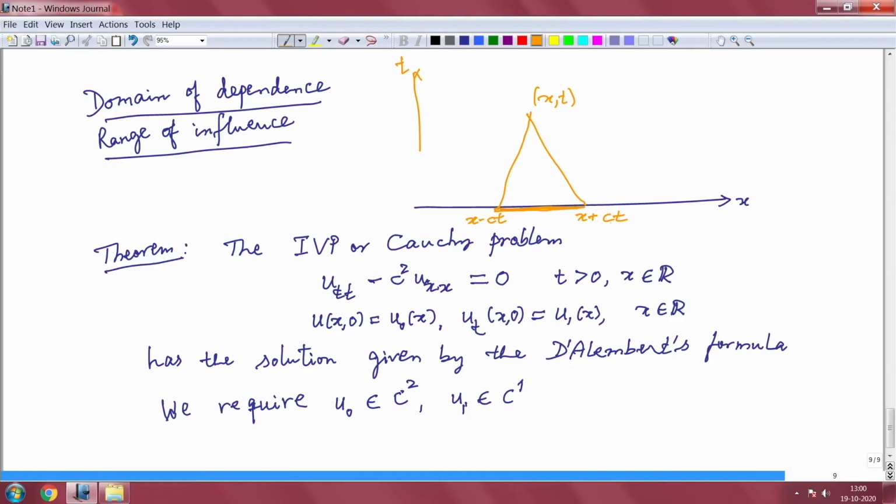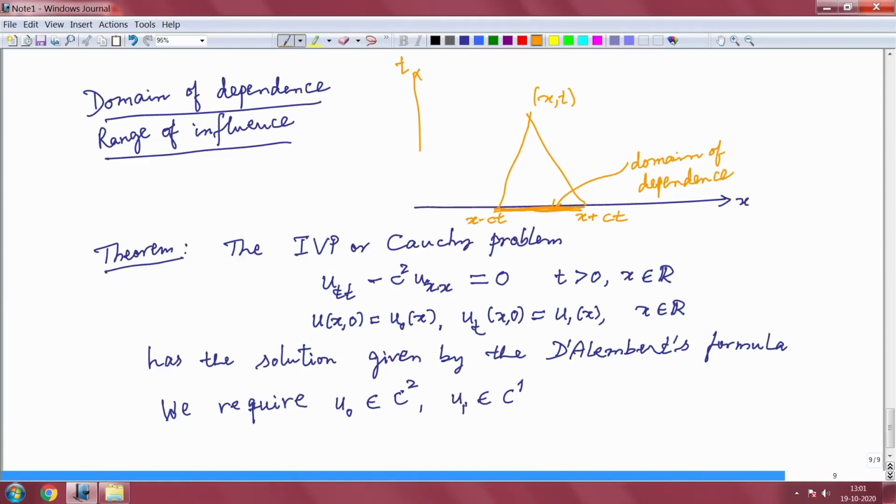So, u0(x plus ct), u0(x minus ct), and u1 is integrated over this interval. This interval is referred to as the domain of dependence. In other words, the value of the solution at the point (x, t) depends on the values of the initial data only in this interval.